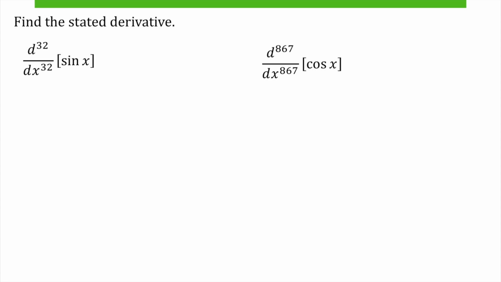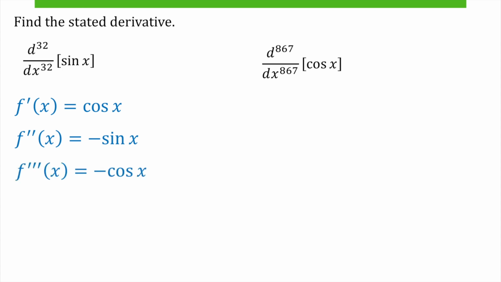32nd derivative of sine of x. You ready for this? Okay, first derivative, cosine x. Second derivative, negative sine x. Derivative of negative sine x is negative cosine x. Derivative of negative cosine x is sine x. Oh, hey, look at this.